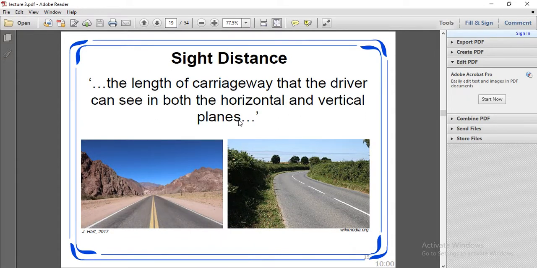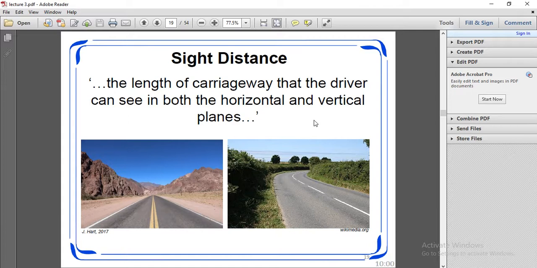Sight distance is the length of carriageway that the driver can see in both the horizontal and vertical planes.